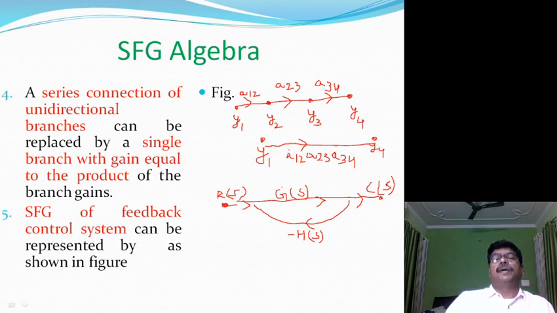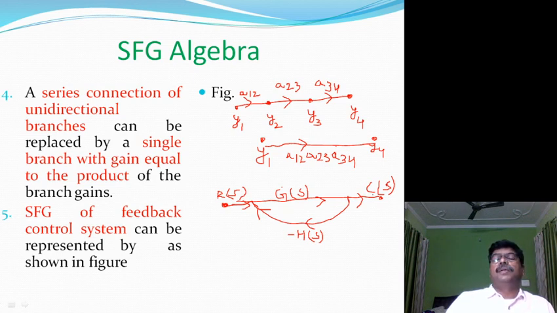Now rule number 5 is for a feedback loop. So here this signal is tapped and passed to this point. So this R(s) is positive. So this is a feedback loop, a negative feedback control system we can say.